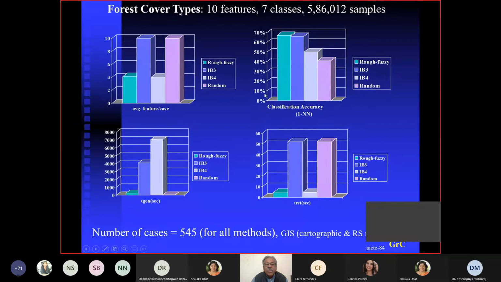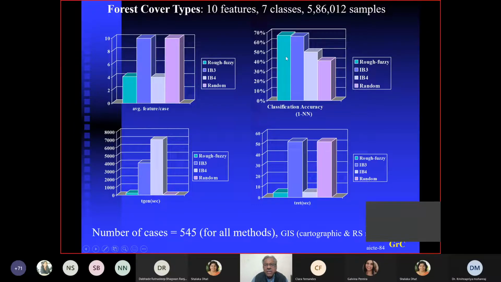If you take forest cover types, there are 10 features, which are cartographic and remote sensing measurements of 7 wood classes in the forest. There are so many samples. Here also you see the proposed method and the modified instance-based learning variable.